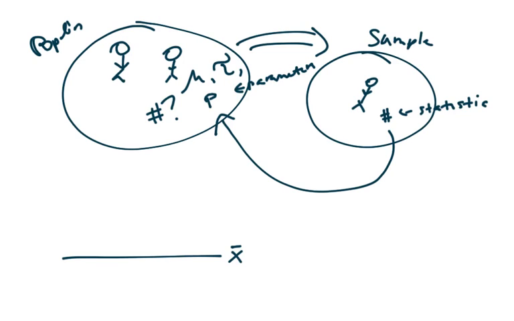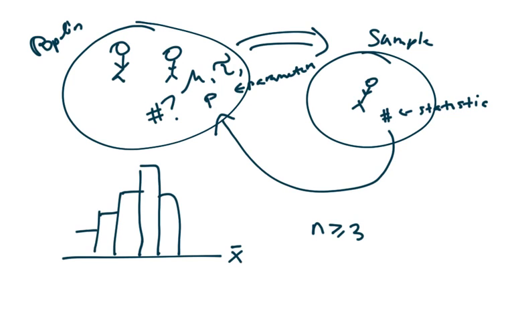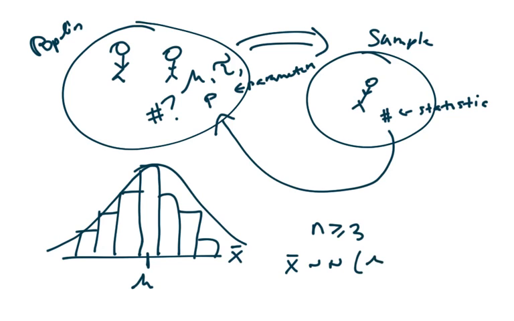But if I have a sufficiently large sample size, so we're thinking n greater than or equal to 30, if I repeatedly take X bars and make a histogram of all the X bars that I get, they should form a normal distribution, and they should be centered here at our value mu. We want to think that our X bar is approximately normal with mean mu and standard deviation sigma over root n.